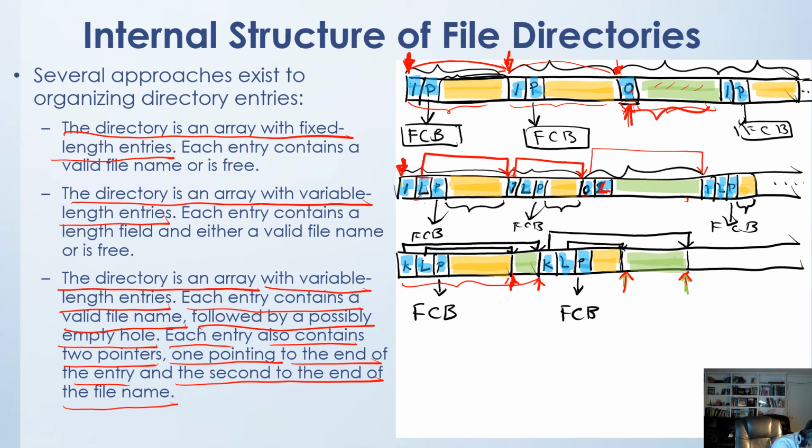And the same thing for the next one. You have a K, you have an L, and you have a pointer to the file control block, and that's the end of the file name, that's the end of the entry. So K points to the end of the entry, and L points to the end of the file name.